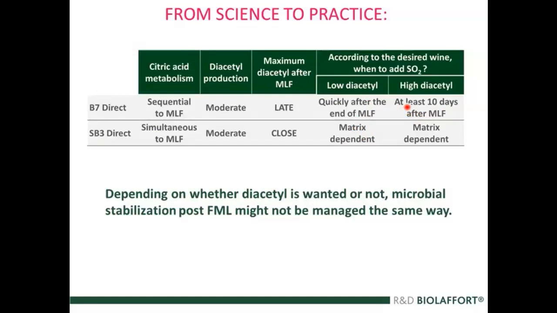Nevertheless, you see that depending on whether diacetyl is wanted or not, the microbial stabilization post-malolactic fermentation will not be managed the same way. And this is the main take-home message I wanted to give you.